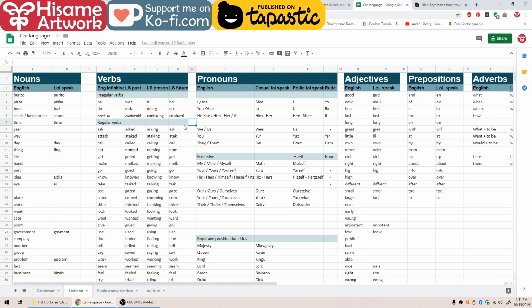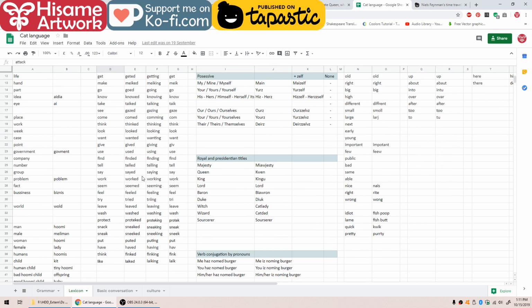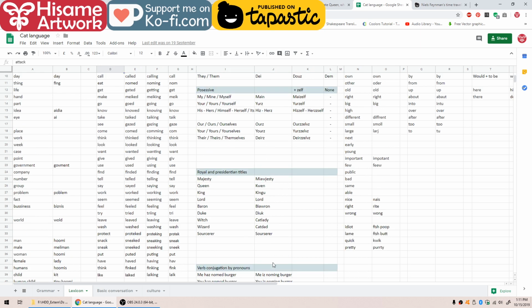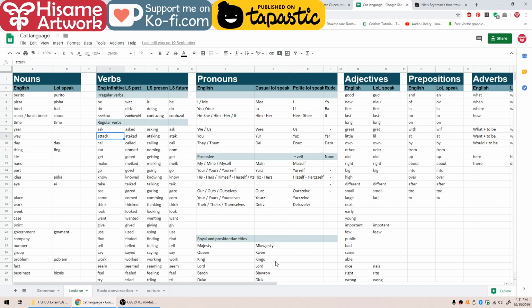So if you remember, ask becomes asked, asking, and ask. Attack, attacked, attacking, attack, and so on. I putted, putting, and put, and with the structures with has and wills in order to show that it's past tense or future tense, and a whole bunch of other things that I'm still working on.